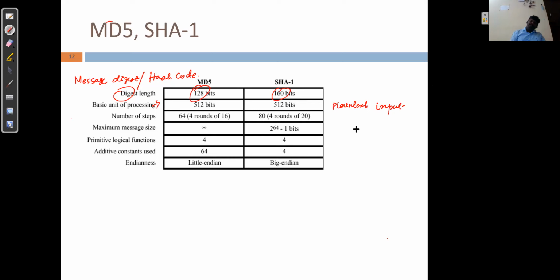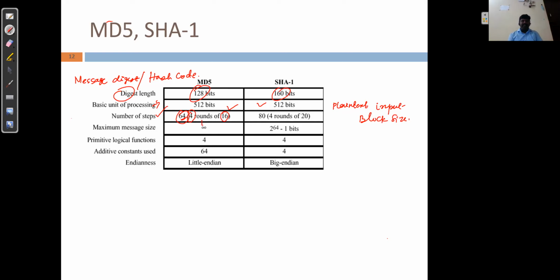Input block size, which is going to be common for both MD5 as well as SHA algorithm, is 512 bits in size. Here the number of steps is a total of 64 steps: 4 round functions, each round function iterated or repeated 16 times.